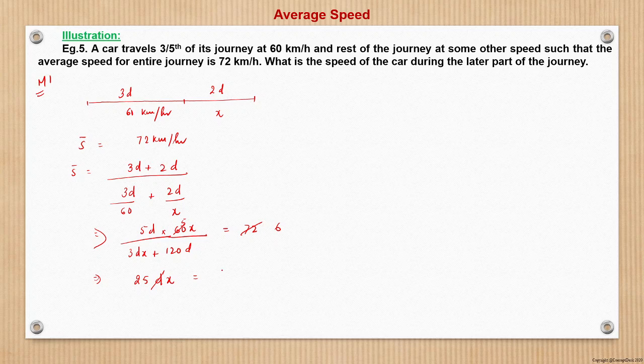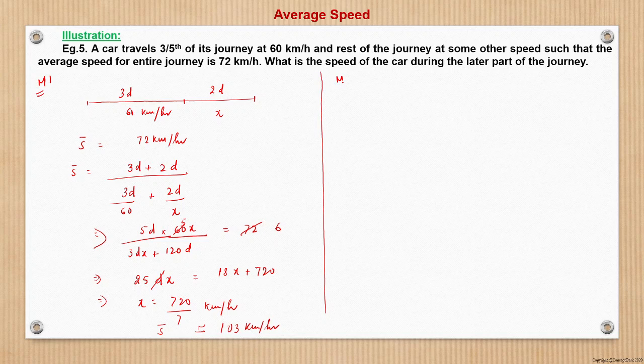So 25x is equal to 18x plus 720. From here x is 720 by 7 kilometer per hour, which is very close to 103 kilometer per hour. So this is the answer using method 1.